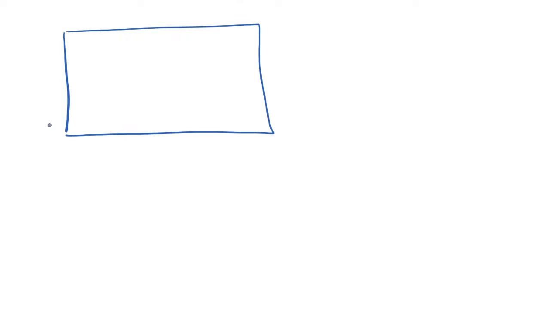Now consider that I have a sample space like this, and inside that I have sets B1, B2 to Bn, and these sets are disjoint, so they are mutually exclusive, so there is no intersection between them.